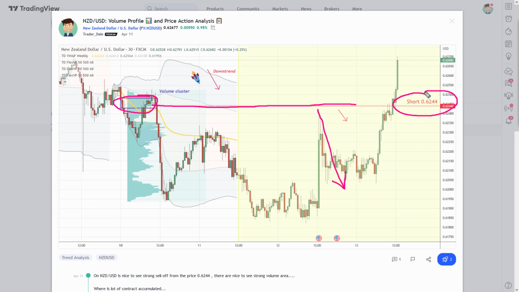The level was at 0.6244, but the price turned at 0.6242, which means 2 pips sooner. And that was a huge reaction, so afterwards I discarded the level. Later on there was just a small reaction to that level, but I wasn't trading that because there already was a very strong reaction very close to that level.